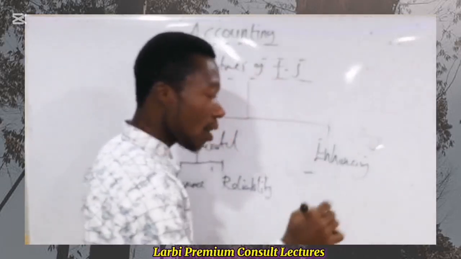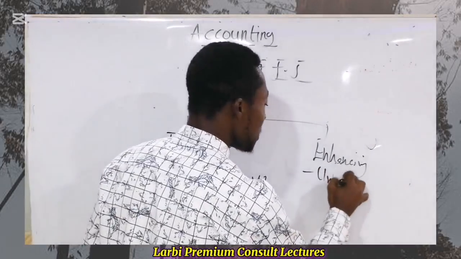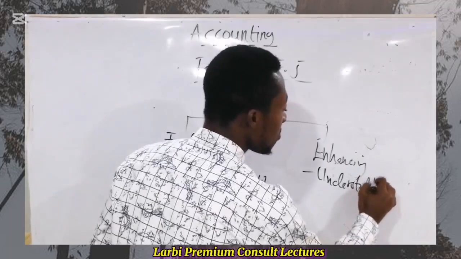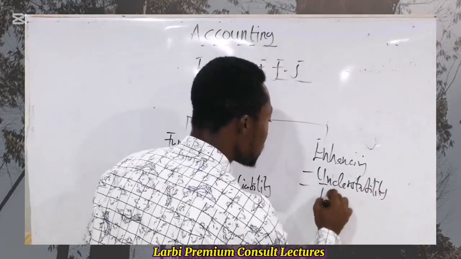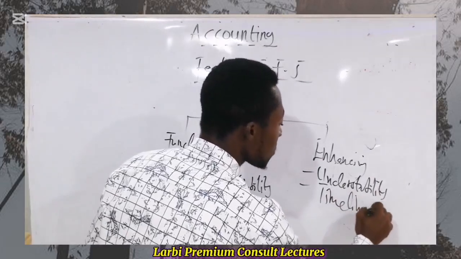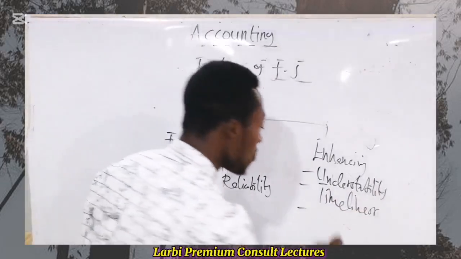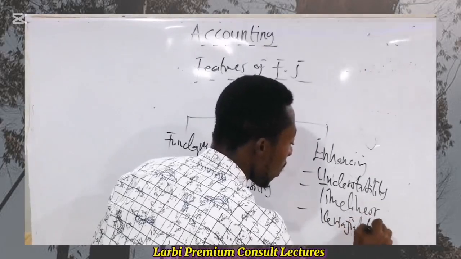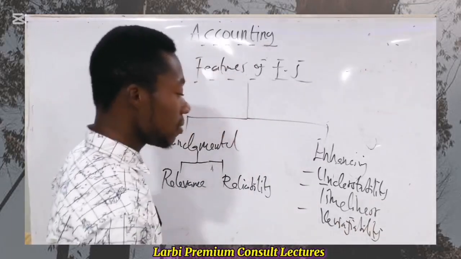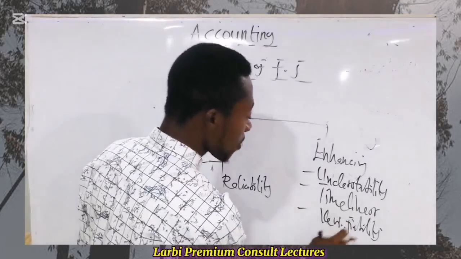We have what we call understandability. 2, we have timeliness. 3, we have verifiability.